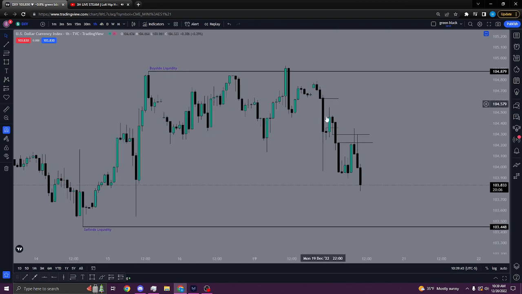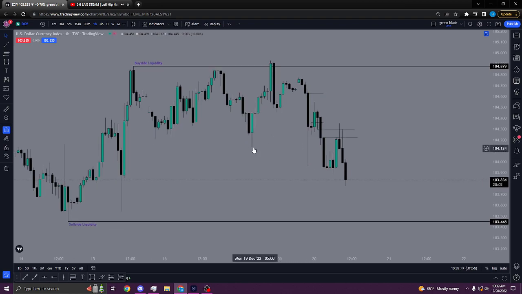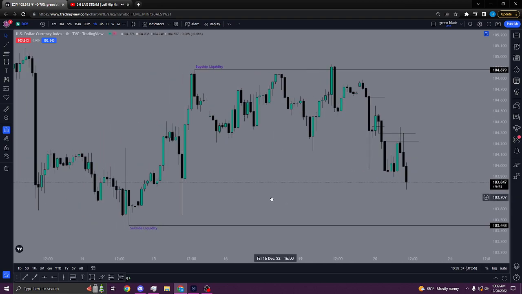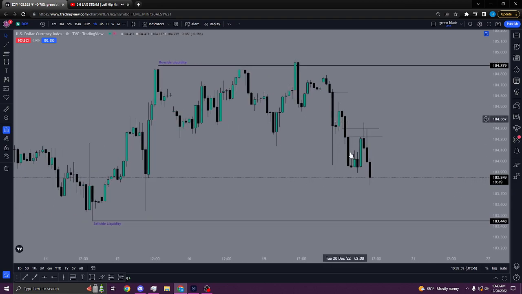So we're looking for bearishness and we're looking for bearish ideas. So structure being broken, returning into a premium, we look for sells. So as you can see, from high to low, let's grab a fib.